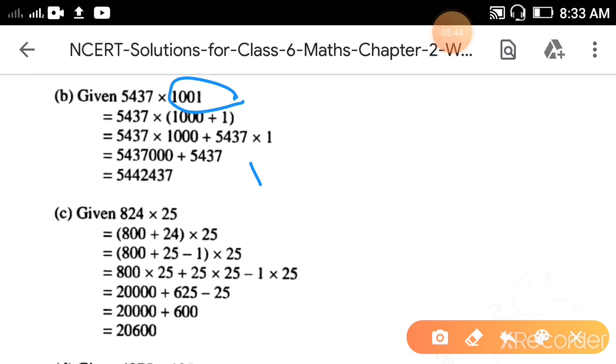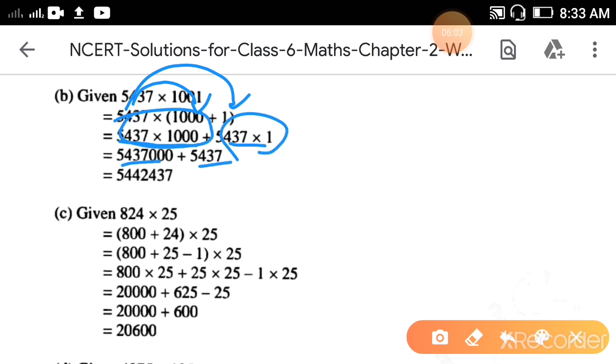Again the same rule, just multiply with both these numbers one by one. Okay, here two steps are written. Next, multiply these two numbers and add them.